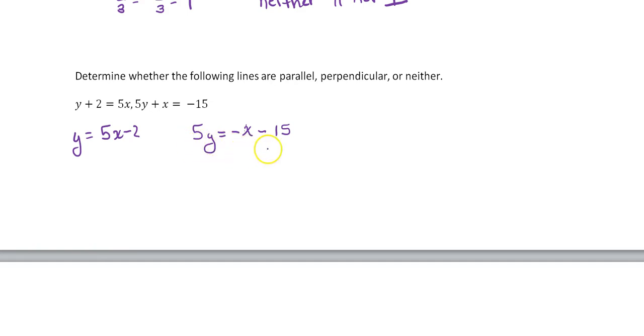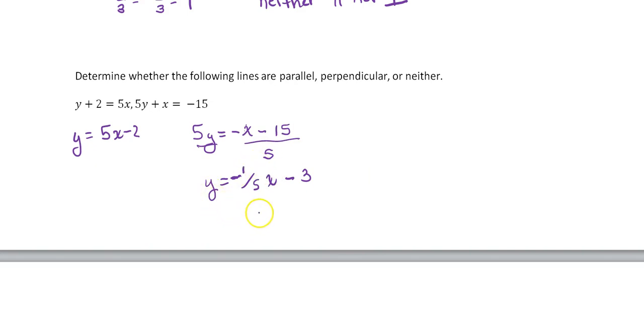I'm going to have to divide everywhere by 5. So here I'm going to have y equals negative 1/5 x. It is a negative. And then minus 3, because this reduces to 3.